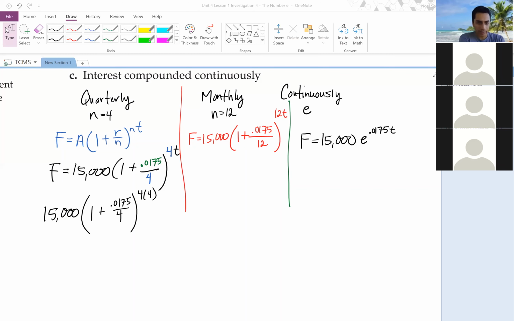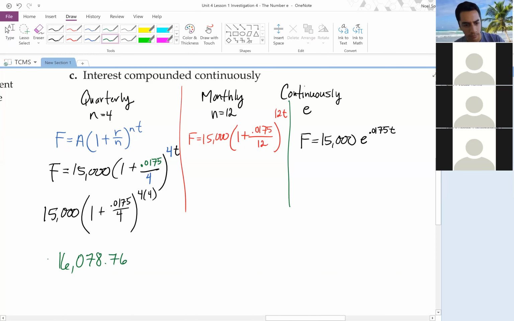And so what we're looking at there is 16,078 with 76 cents. Okay, so that's quarterly. So then we should expect that monthly is going to generate something a little bit larger. Because it's such a large amount, we might see the difference even happen in dollars perhaps, but I wouldn't be surprised if it's only just a few cents.